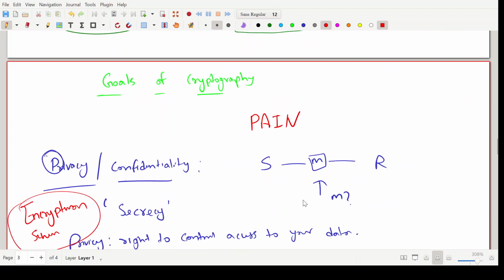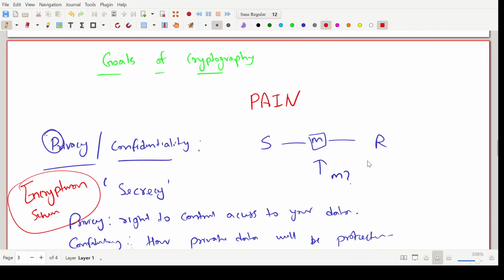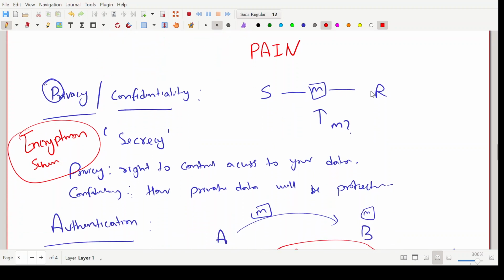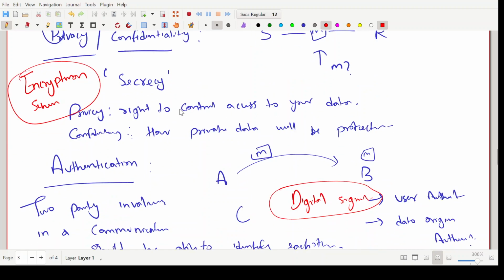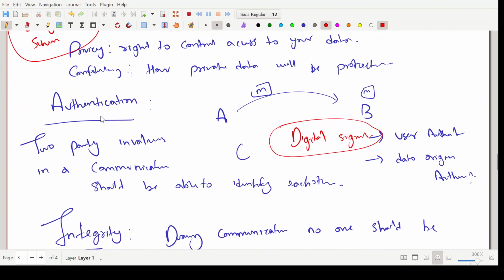Okay, and what are the goals of cryptography? In short, we said that PAIN, that is privacy, authentication, integrity, and non-repudiation. One more thing is access control, but that is not widely used. So we'll start with privacy. What do you mean by privacy? Your message should not be revealed to any other person. This can be achieved by your encryption scheme.